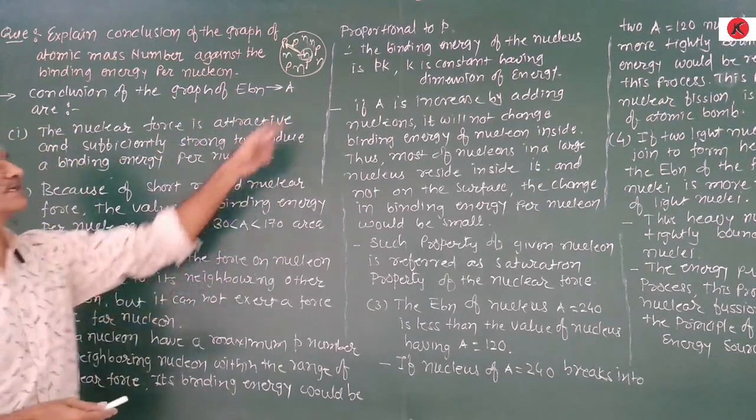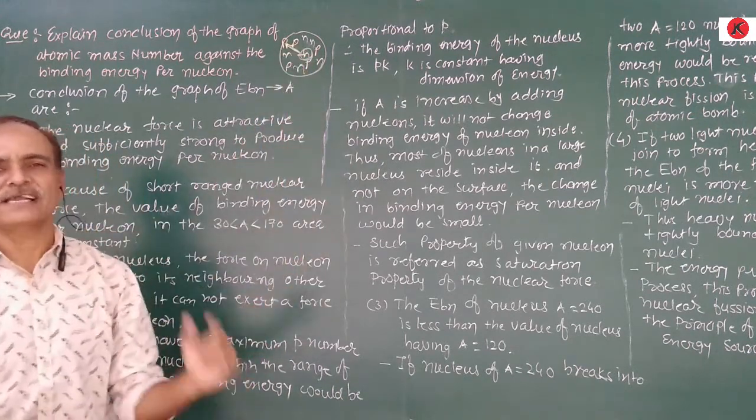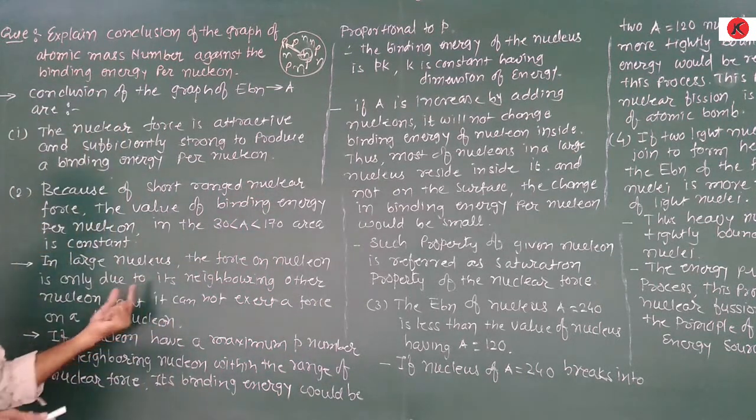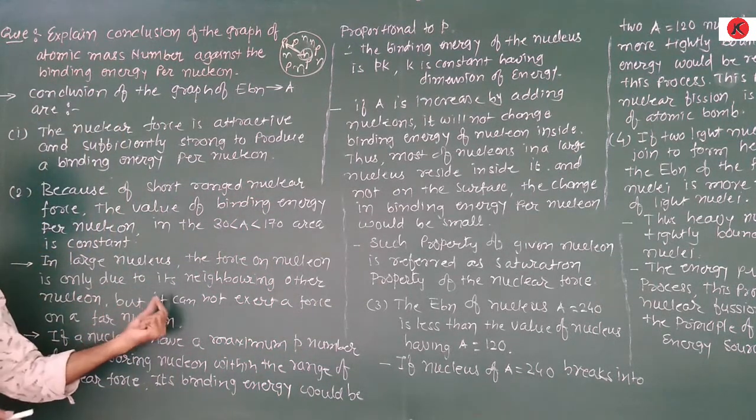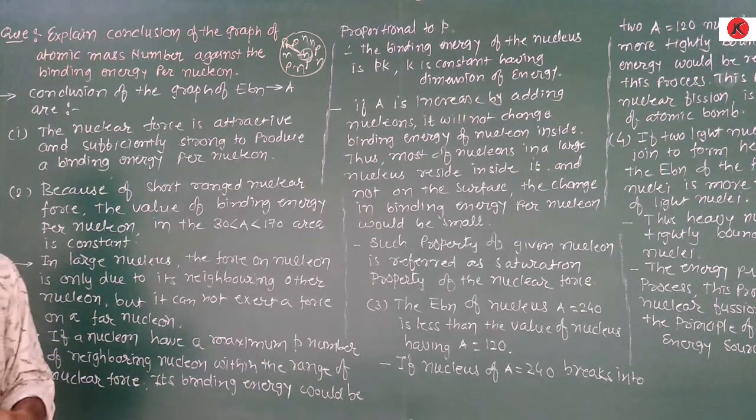So nucleon means either the proton or the neutron. Inside the nucleus, the force of attraction is exerted on any nucleon due to its surrounding neighboring nucleons. But it cannot exert a force on a far nucleon.